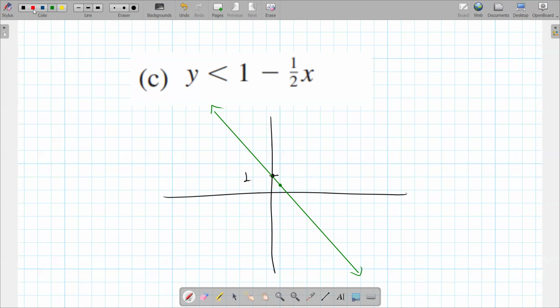So now think about it. Your y value needs to be less than what it is currently. Right now, at the x value of 0, your y value is 1. Your new y values need to be less. So are we going down or are we going up the inequality? What do you think?